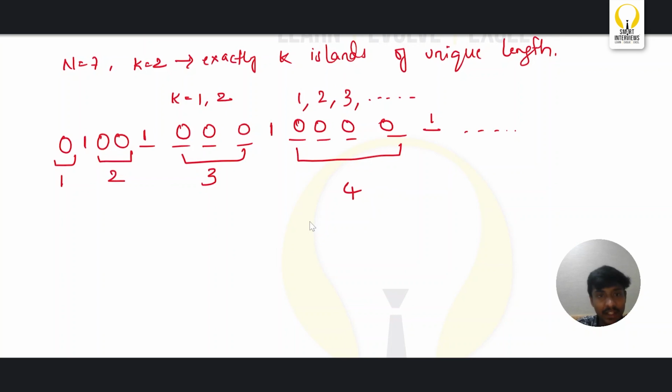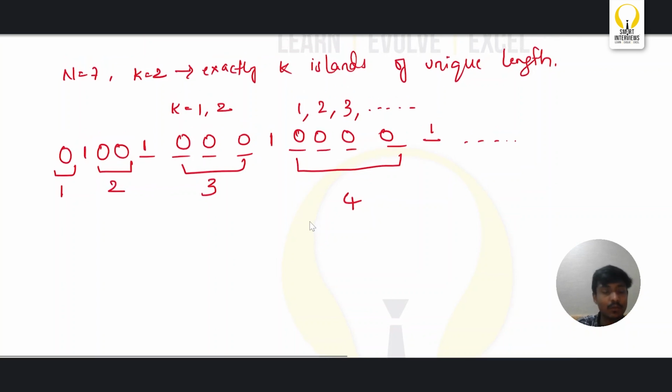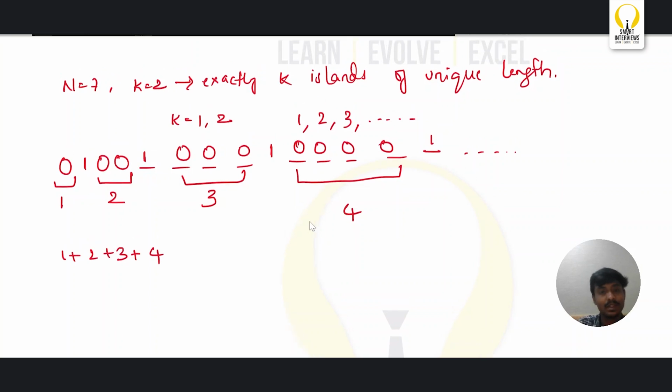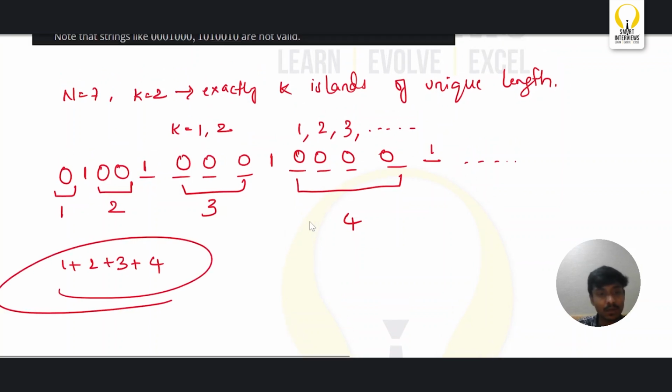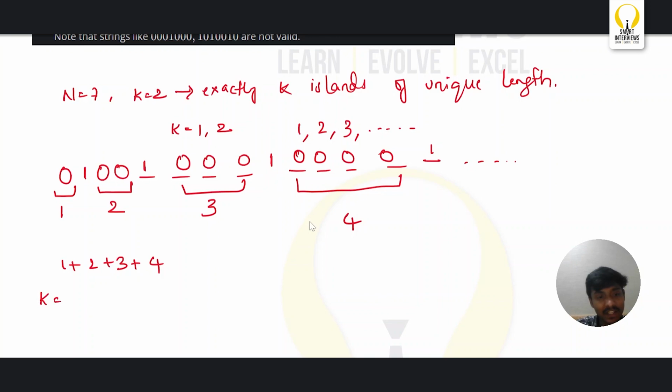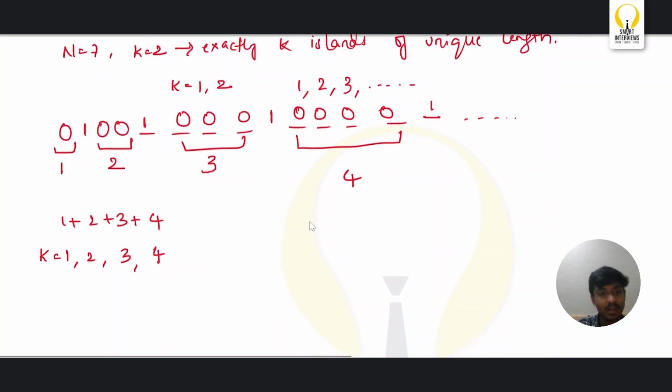Now if I want to know the number of places occupied by zeros, how will I get it? It is nothing but 1 plus 2 plus 3 plus 4, right? This is for when k is 1, this is when k is 2, this is when k is 3, when k is 4, right?